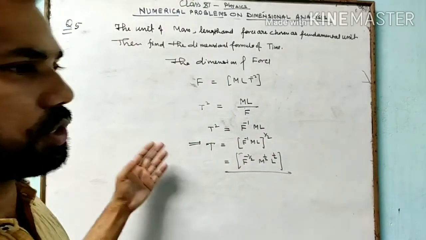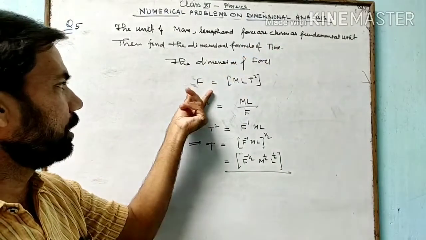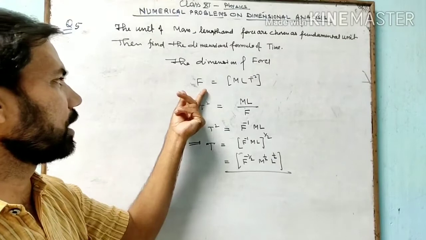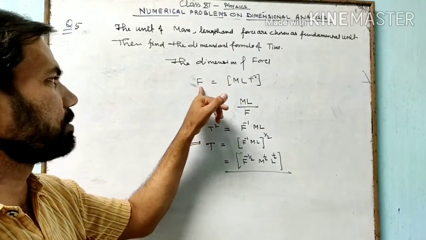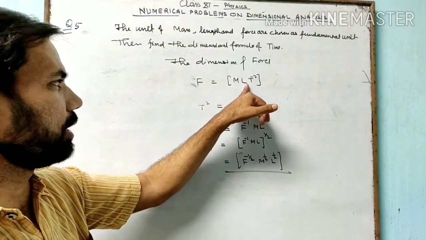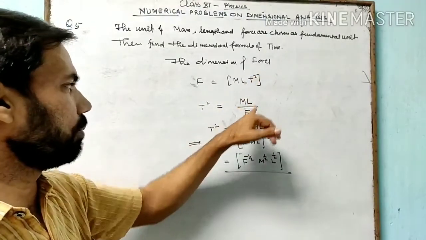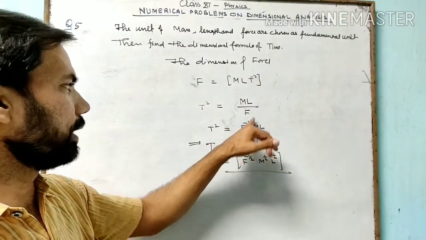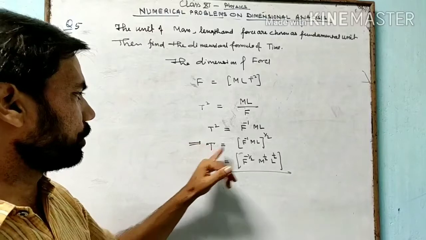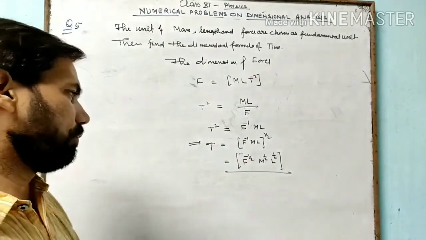So you must know that since force is a derived physical quantity, its unit is a derived unit, and the dimensional formula of force is ml t minus 2. So from here t square is equal to ml upon f, and so t is equal to f to the power minus half, m half and l half.